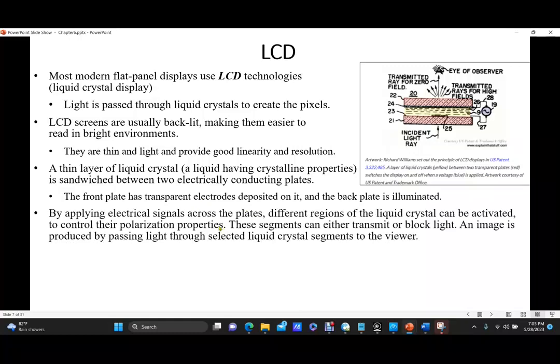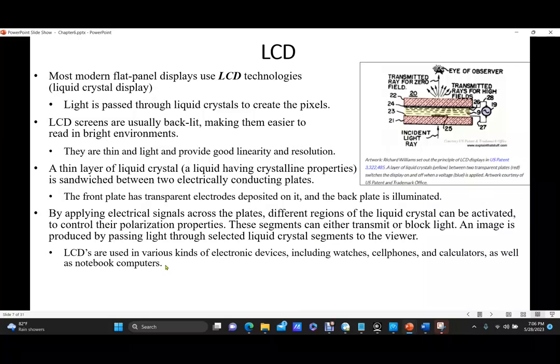By applying electrical signals across the plates, different regions of the liquid crystal can be activated to control polarization properties. These segments can either transmit or block light. An image is produced by passing light through the selected liquid crystal segments to the viewer.